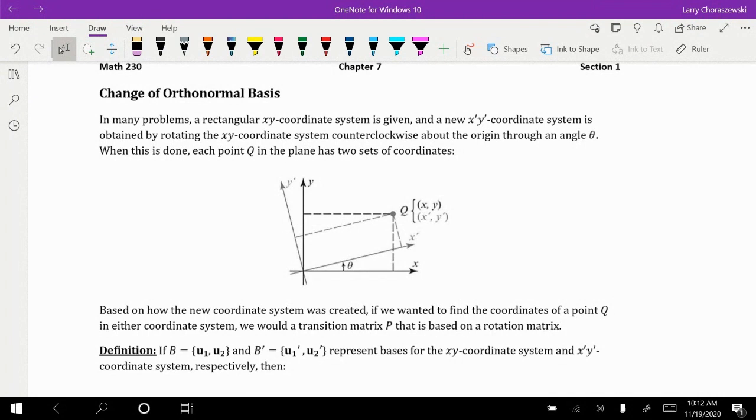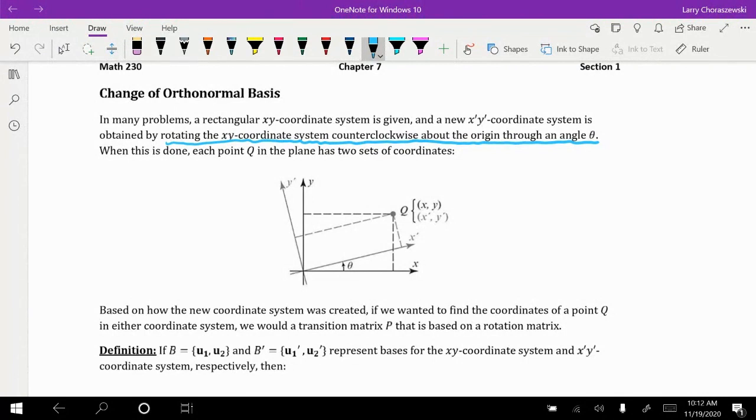So it says here, in many problems, a rectangular xy coordinate system is given, and a new x prime y prime coordinate system is obtained by rotating the xy coordinate system counterclockwise about the origin through an angle theta. So when you do that, you now have two coordinate systems. You have both the original xy coordinate system, and you also have the x prime y prime coordinate system.